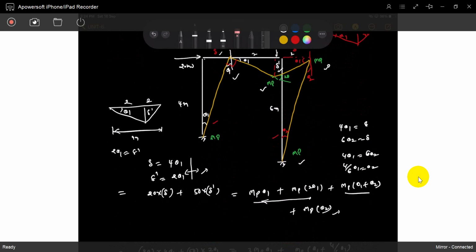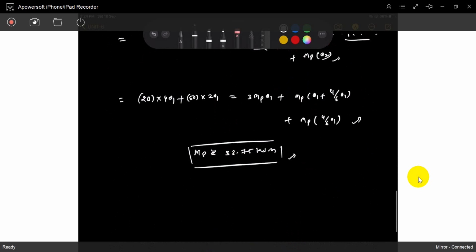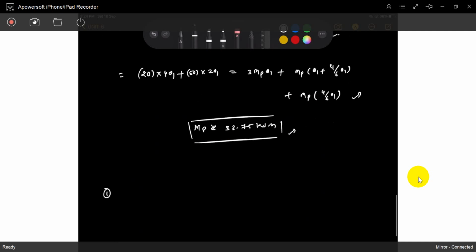Now we can do one problem regarding the collapse load. For the given plastic moment, what is the collapse load we can allow? Okay, so the second problem we will see.